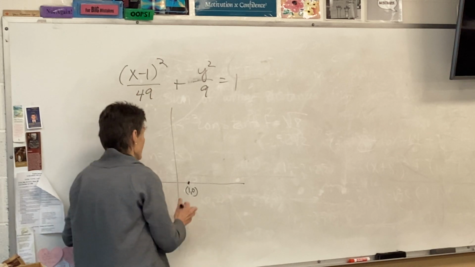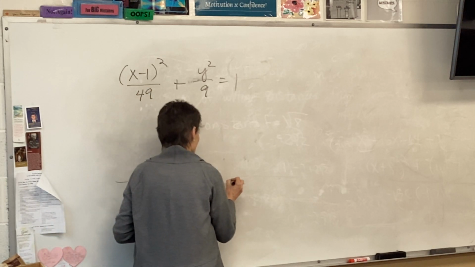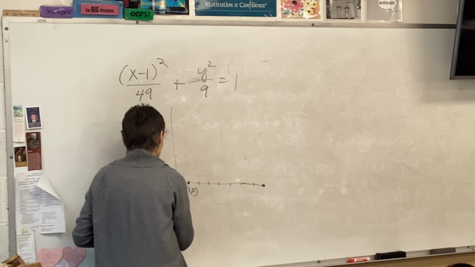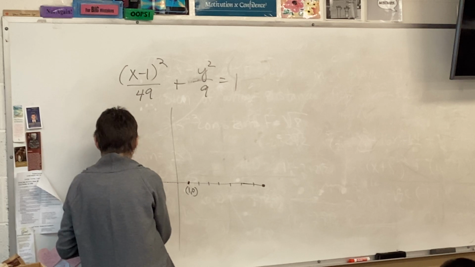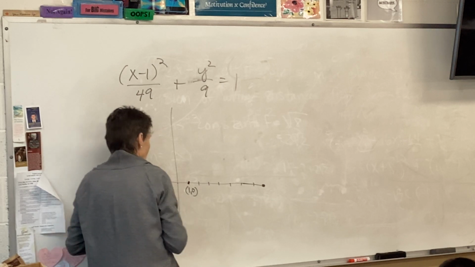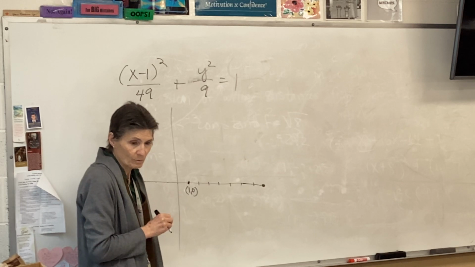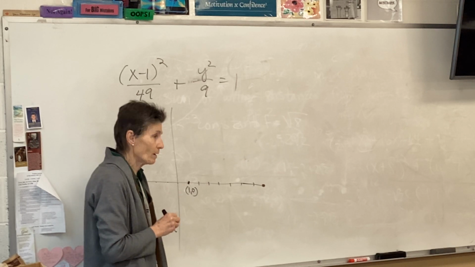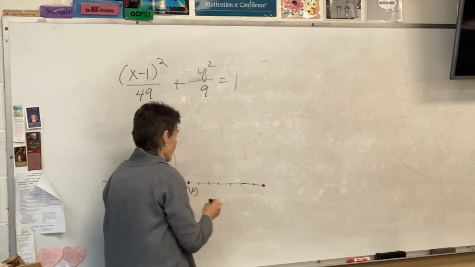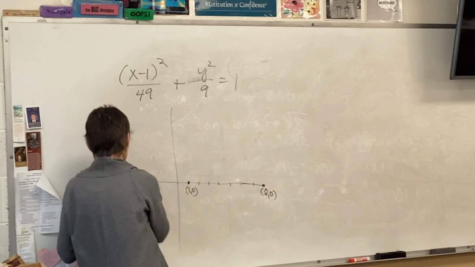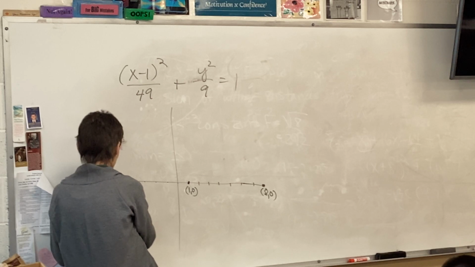So 1, 2, 3, 4, 5, 6, 7. And 1, 2, 3, 4, 5, 6, 7. Now I'm going to figure out where those points are. You have graph paper, so just count. This one would be 8, 0. And this one would be -6, 0.